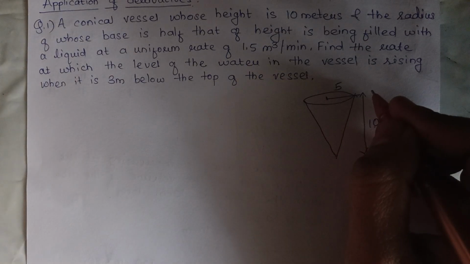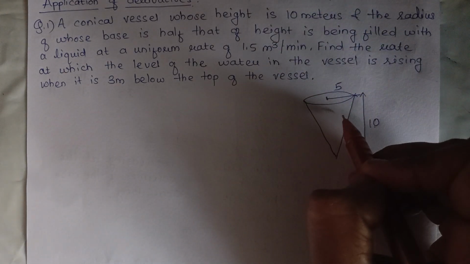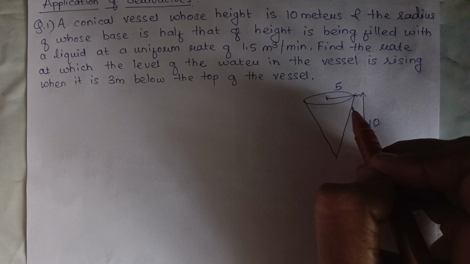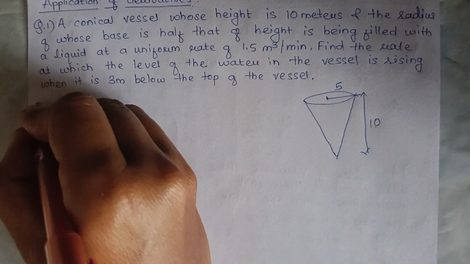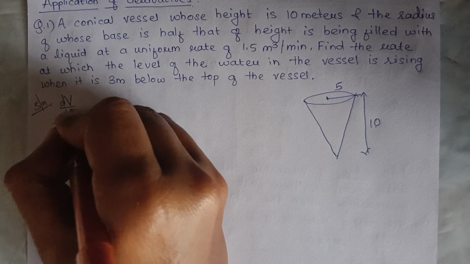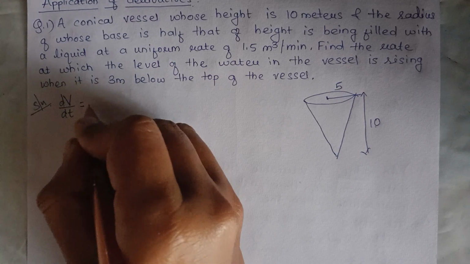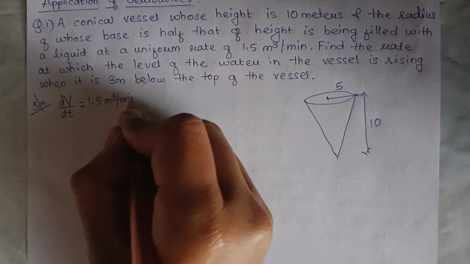The water is being filled. So this vessel is being filled with the liquid at a uniform rate of 1.5 meter cube per minute. So its volume is changing. So change in volume is given, dV by dt, 1.5 meter cube per minute.